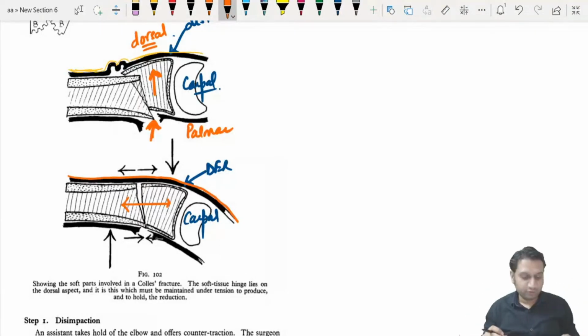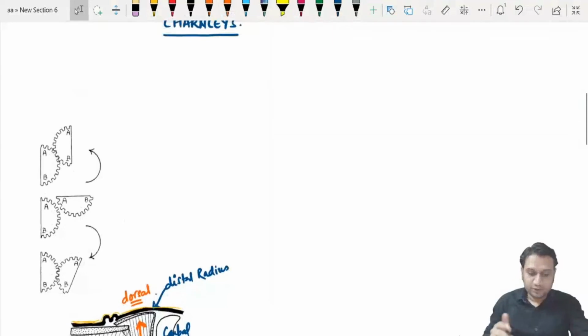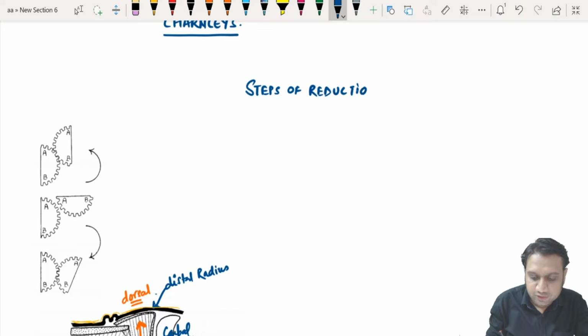Okay, so we have to understand what the steps are. So step number one, I'll keep on mentioning and then I'll tell you. So let's talk about the steps of reduction now. How do we reduce a Colles fracture?